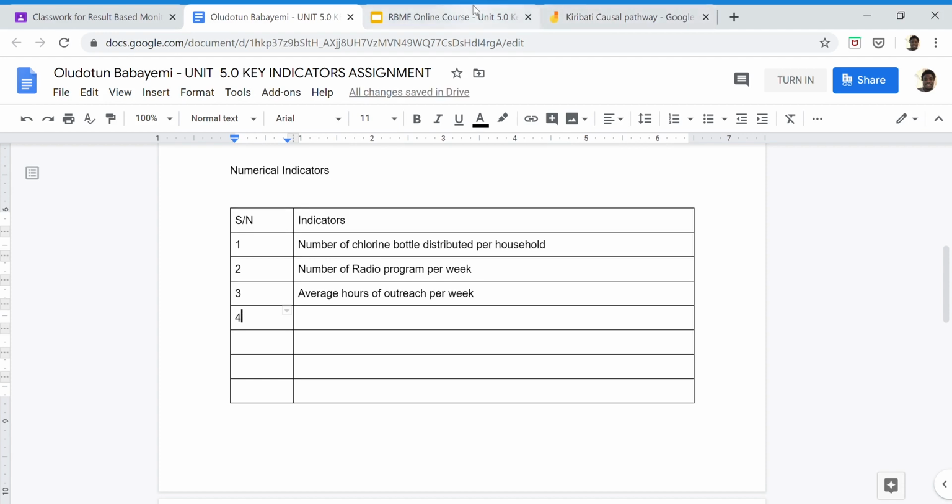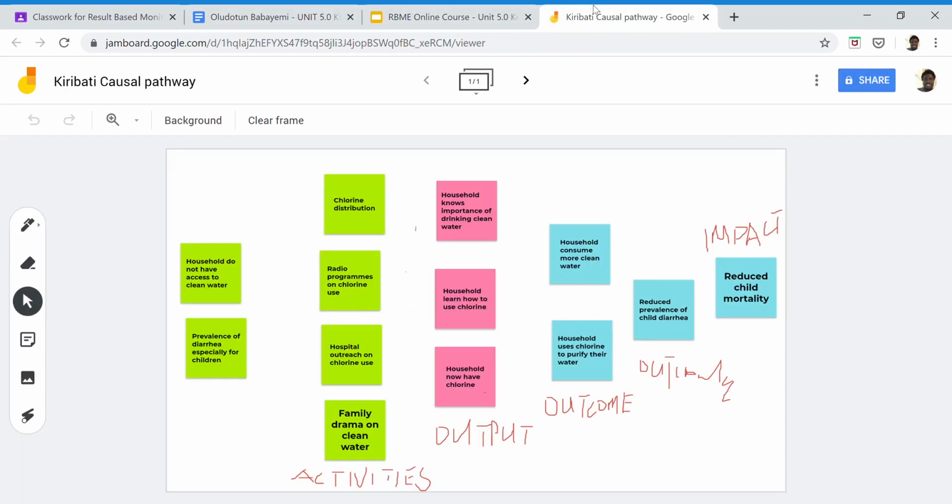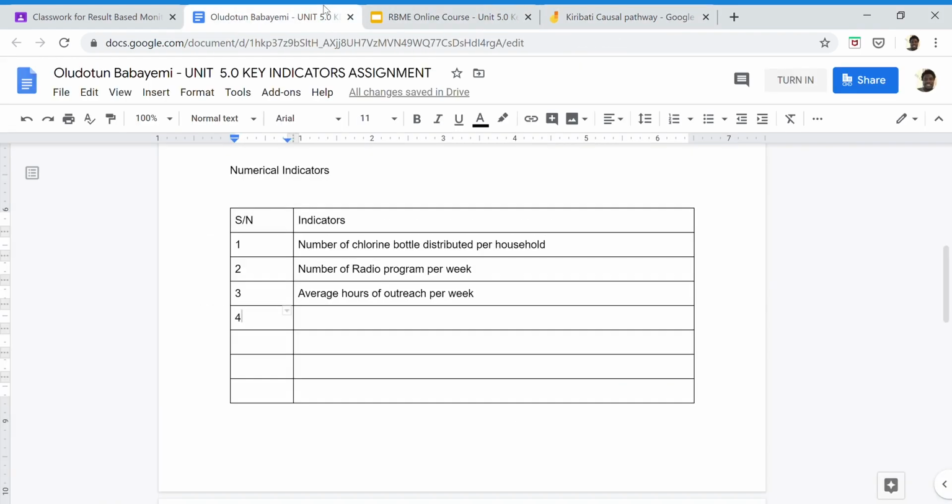For the family drama on clean water, I could say average hours of performance. So these are all numerical indicators.